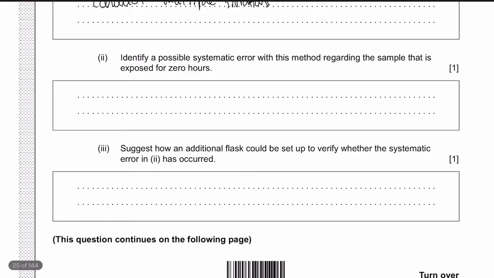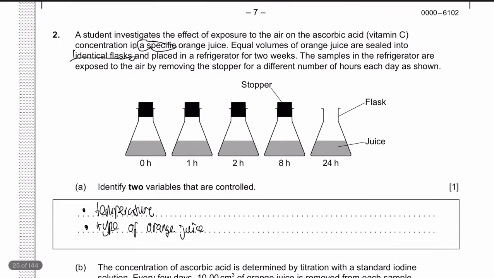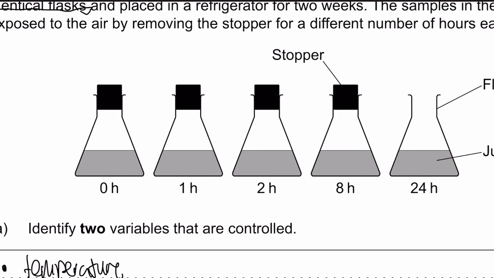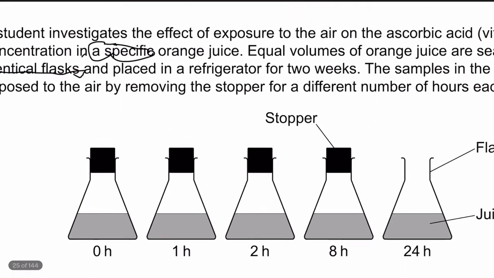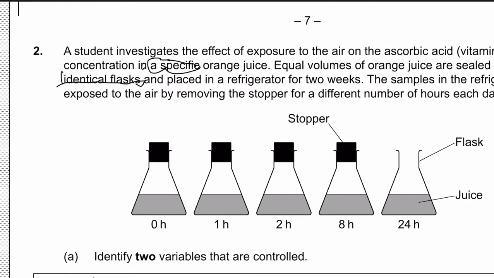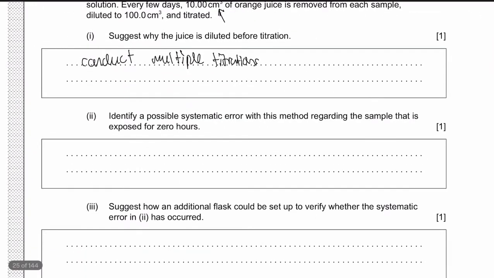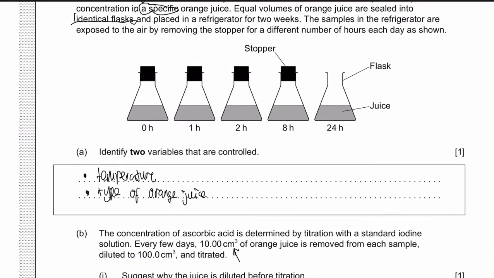Identify a possible systematic error with this method regarding the sample that is exposed for 0 hours. So we have this sample that is exposed for 0 hours. Systematic error. Interesting. So what could it be? Okay, I see it. This sample is meant to be 0 hours, meaning it's not exposed to the air at all.